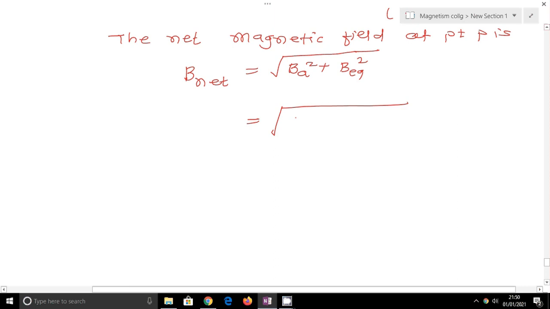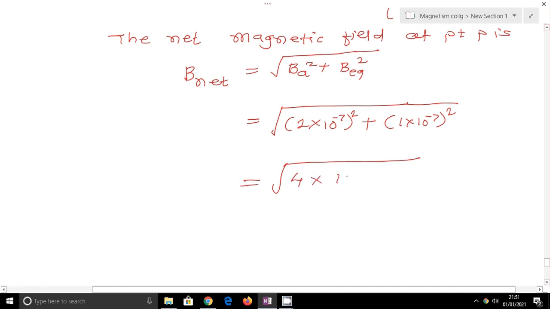We know for the axial point, (2 into 10 raised to minus 7) squared, plus for the equatorial point, (1 into 10 raised to minus 7) squared. Now let's solve it. 2 squared becomes 4, into 10 raised to minus 14, plus 1 into 10 raised to minus 14.